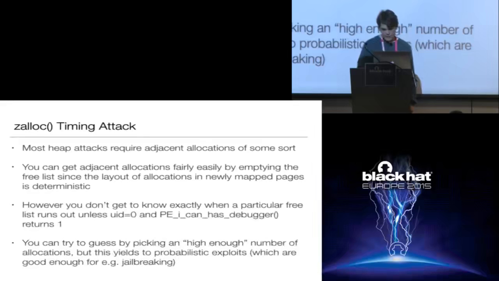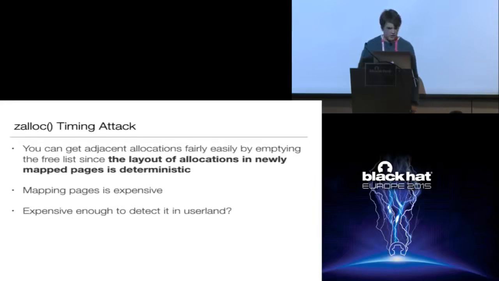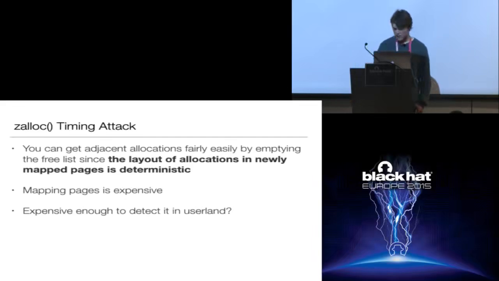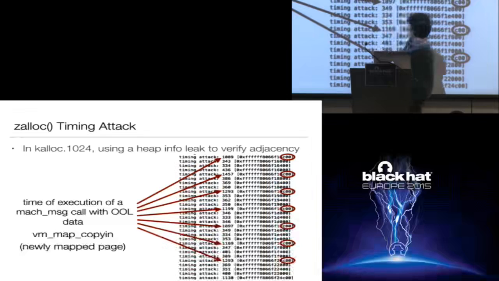So you have probabilistic exploits, but as I said, the layout of newly mapped in pages is deterministic. But mapping pages is expensive. But is it expensive enough to detect it in userland? And the answer is yes. As you can see here, this is in kalloc.1024, which has 4 allocations per page.